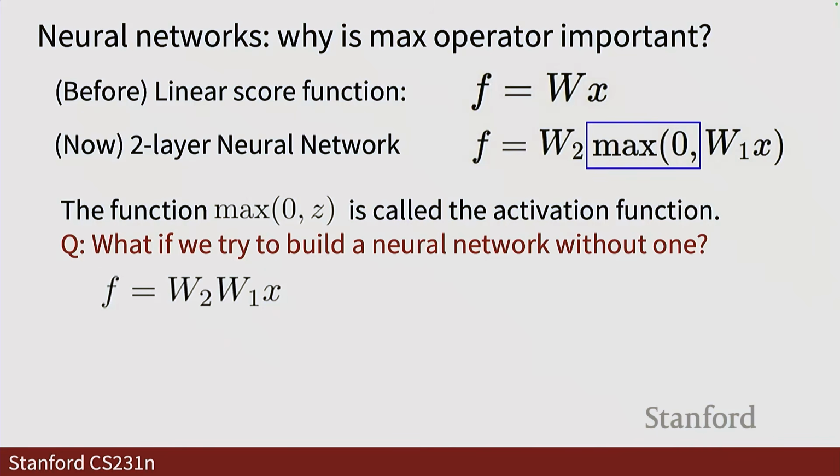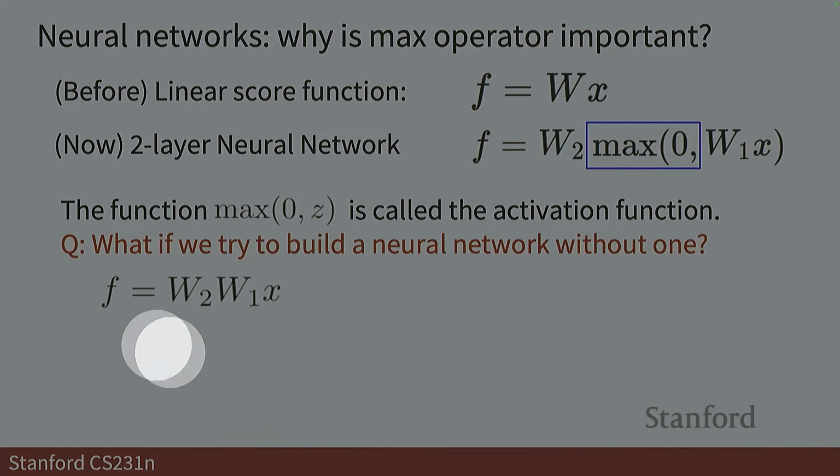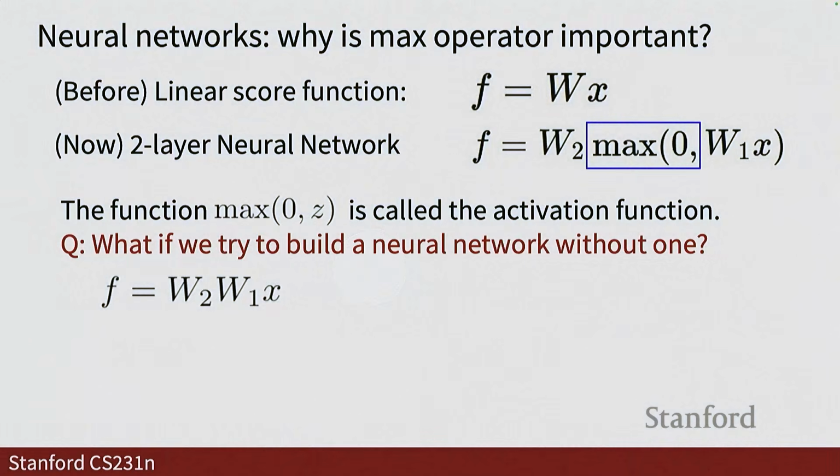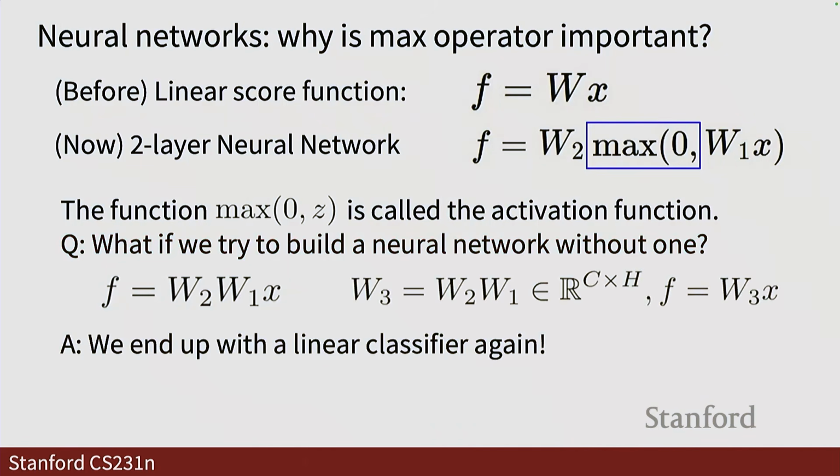This will be our function if I remove the max, right? So it would be W2 multiplied by W1 by X. What would happen here? Yes, exactly. So as you can guess and correctly you mentioned, the multiplication of W2 by W1 could actually be replaced easily with another matrix W3, and then your function becomes just a linear function.